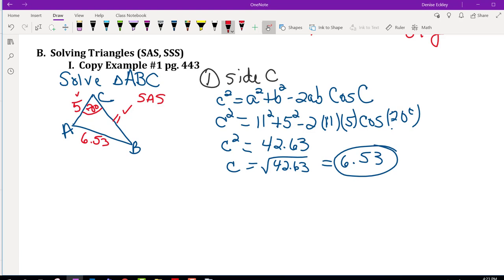When you have all three sides and one angle, you want to make sure that you're using the smallest side to find the smaller angle, because as we stated earlier, the inverse sine is always going to give you an acute angle. It's possible that the angle A across from the 11 is going to be an obtuse angle, and you won't find that out from the law of sines.